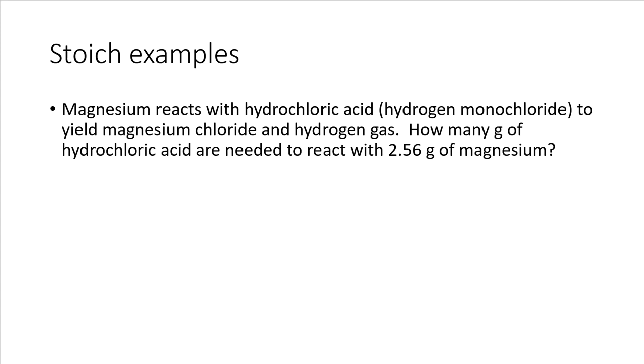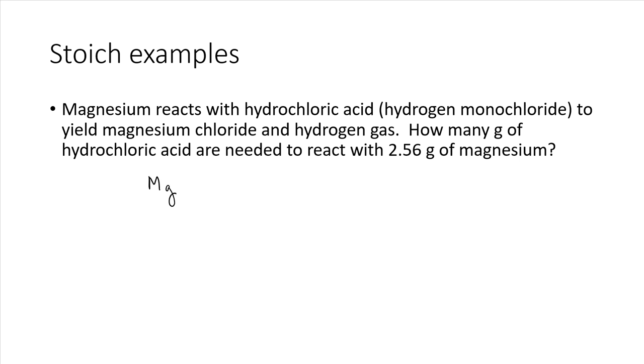So that's our chemical equation that we're going to need to translate from words into symbols and then balance it. And then the question is asking, how many grams of hydrochloric acid are needed to react with 2.56 grams of magnesium?